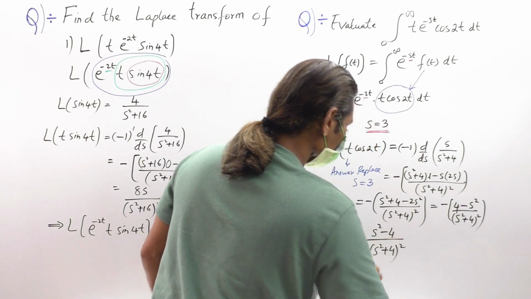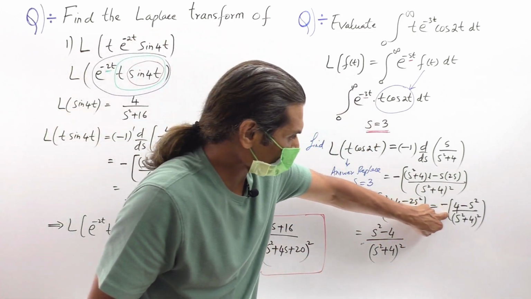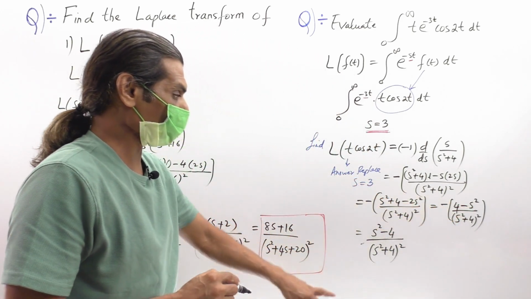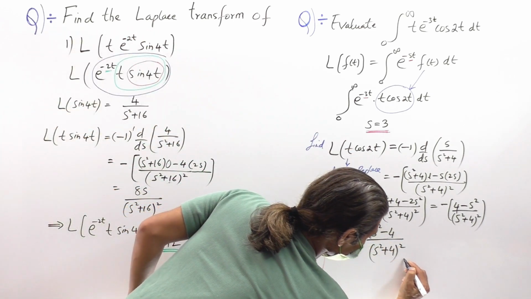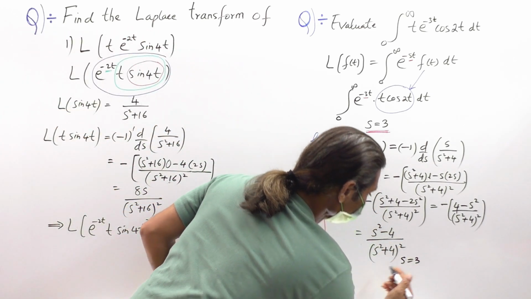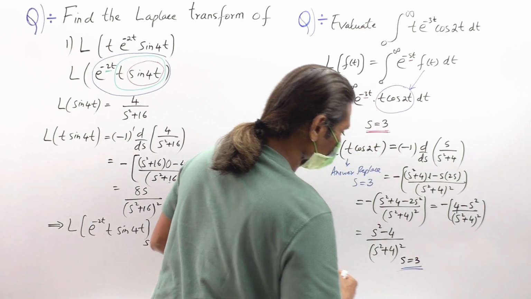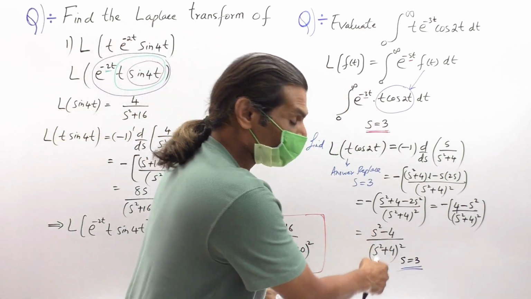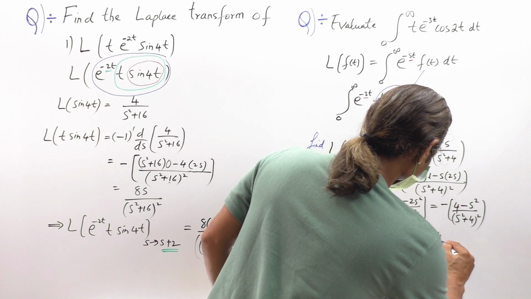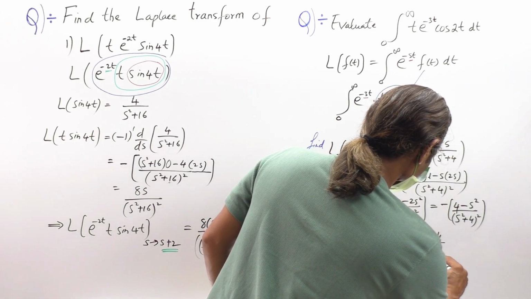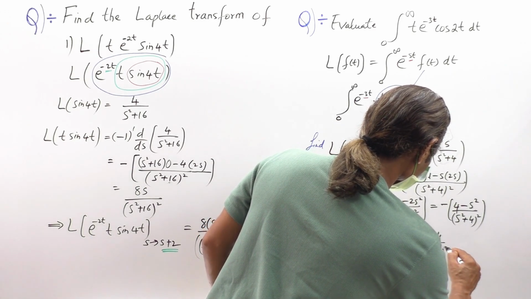And finally what we need to do is put s is equal to 3 in the answer. 3 square is 9. So we have 9 minus 4 by 9 plus 4 the whole square.